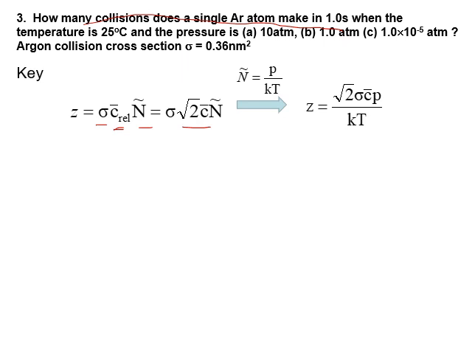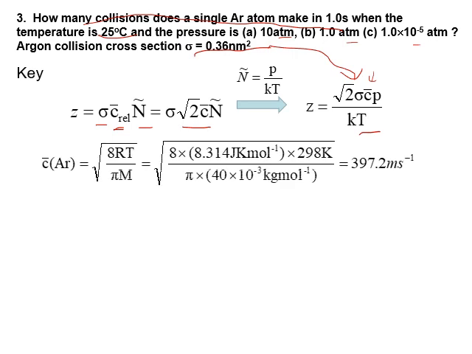Square root 2 times the cross-section area, in this case for argon, is 0.36. The average speed we're going to calculate first, and the temperature is 25 Celsius. You need to change to Kelvin, and the pressure is 10 to the minus 5.